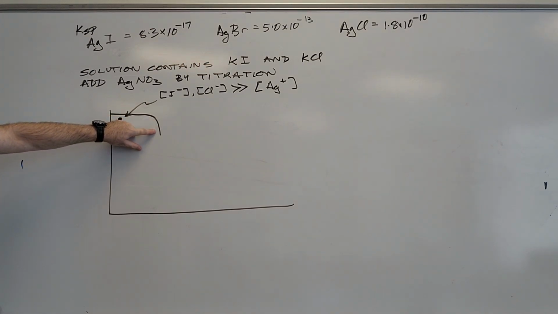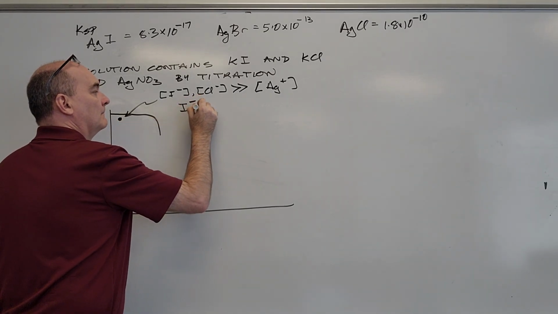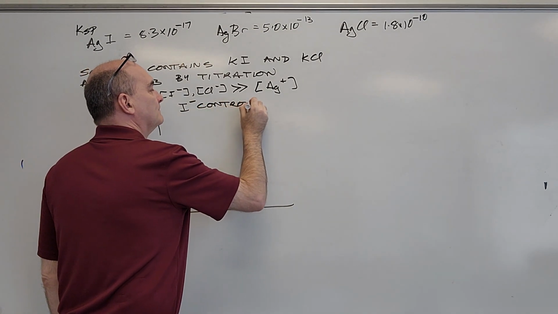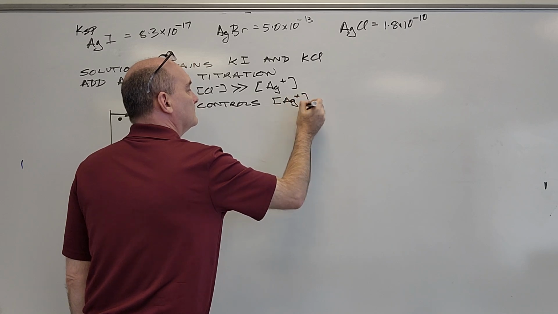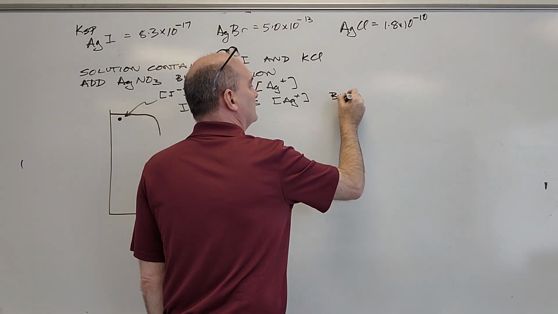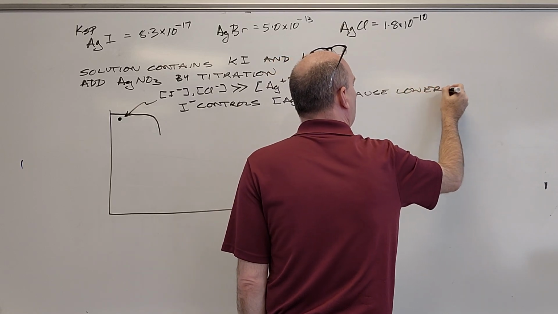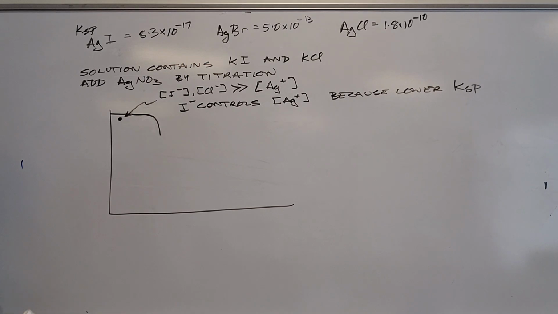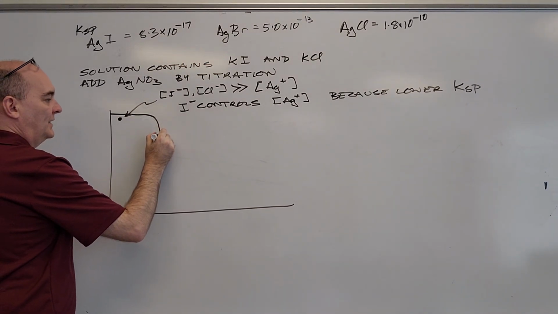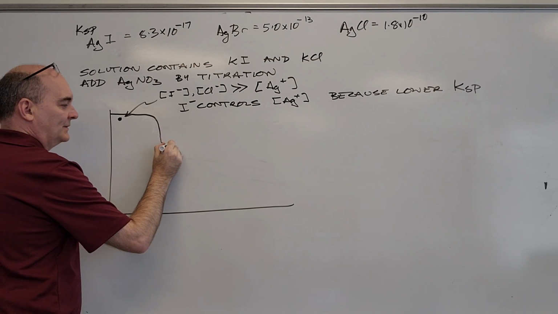It's the iodide that's controlling the concentration of the silver, because the iodide has the lower KSP. Okay? So this will go, and then it will stop.